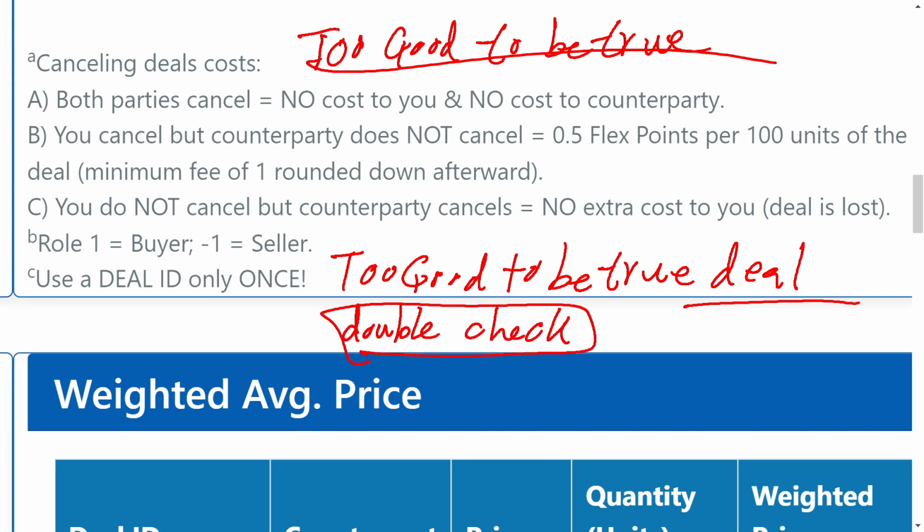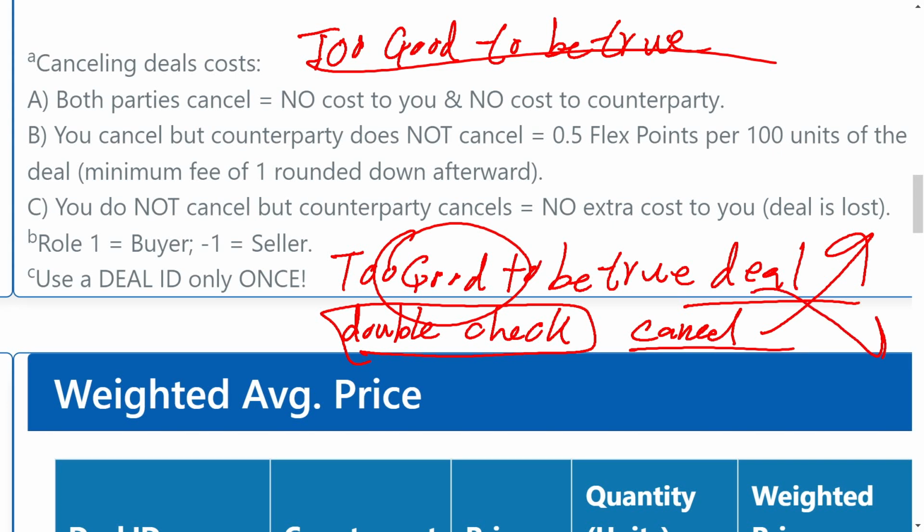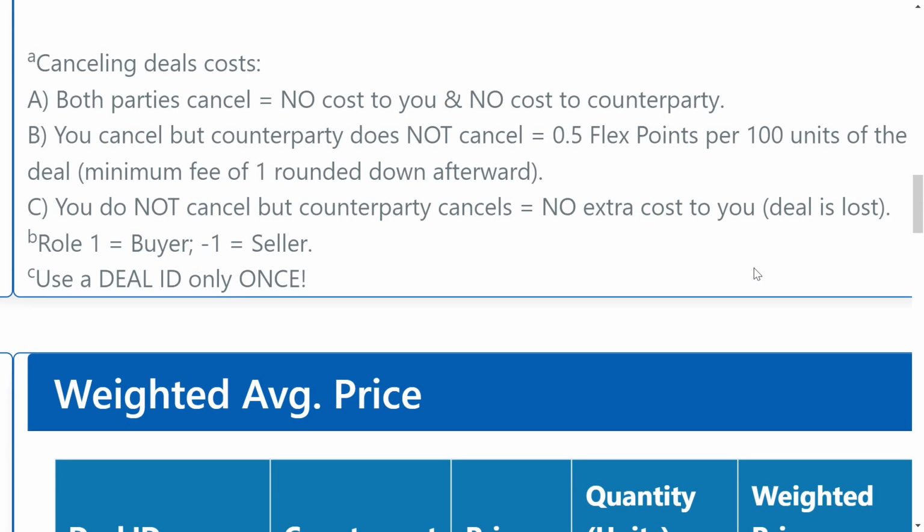Make sure the other side did not cancel on you, because if they cancel, you're going to lose that really good deal that you thought was so good, that was making your score go up, and now they cancel. They pay a fee, but you lose nothing, but your score goes down. All right, so that seems a little bit complicated, right? It's not too bad, though.